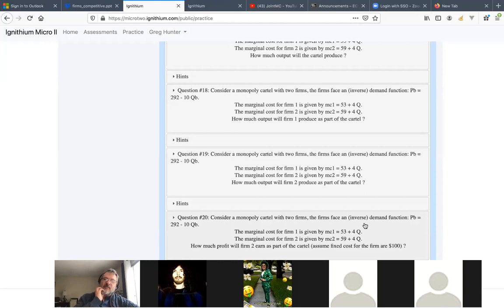Now, obviously, we could calculate the profit for firm 1. We could calculate the cartel's profit if we know the profit for each of the members of the cartel. And all of those things become important. But question 20 just asks us to calculate the profit for firm 2. So who has a strategy that they would like to offer for that?